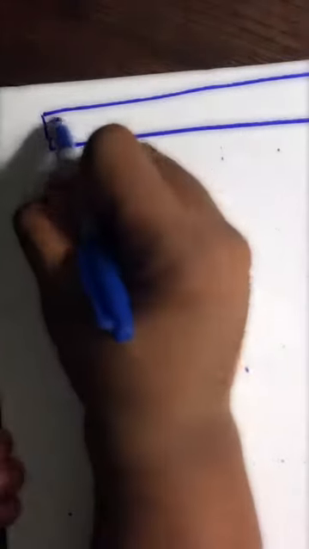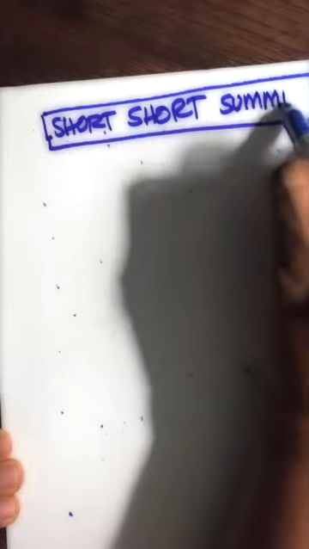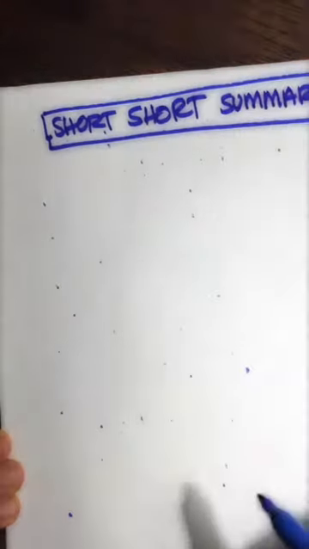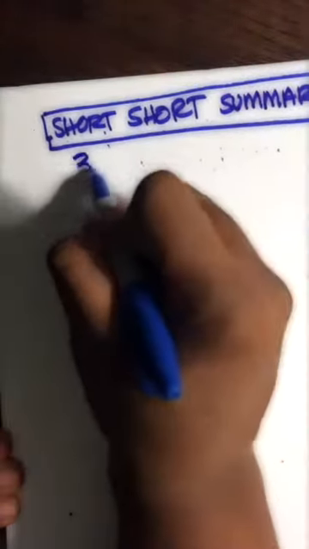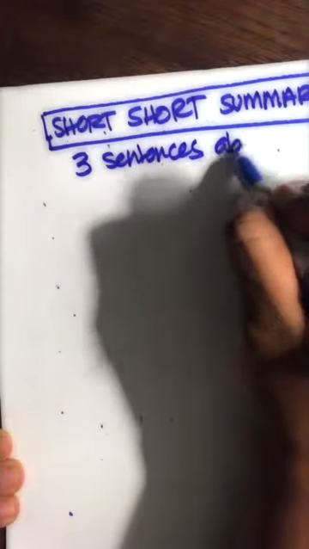So the very first thing with the first artifact, and I want to be very clear about this, it's a short summary of artifact number 1. I'm talking about 3 sentences long about artifact 1.